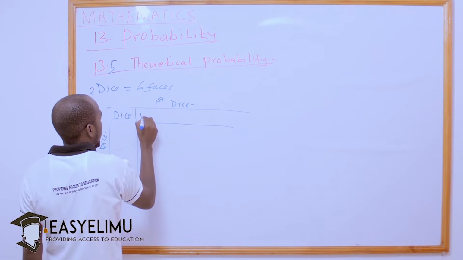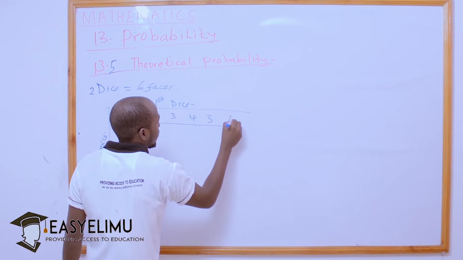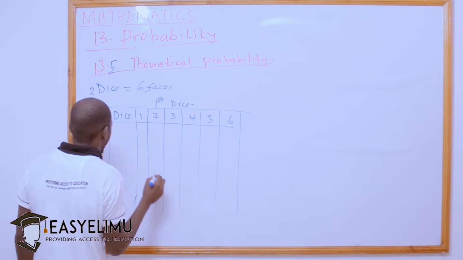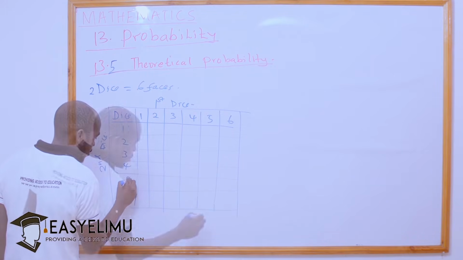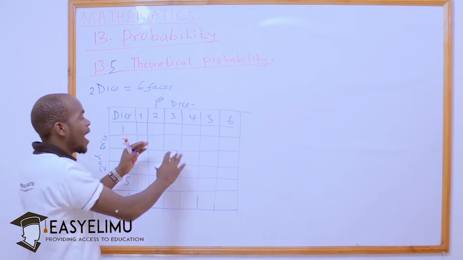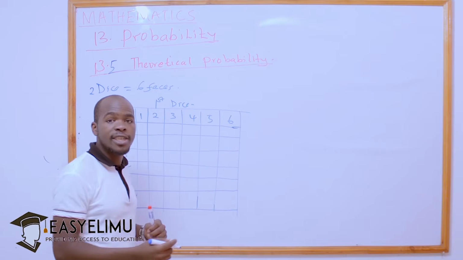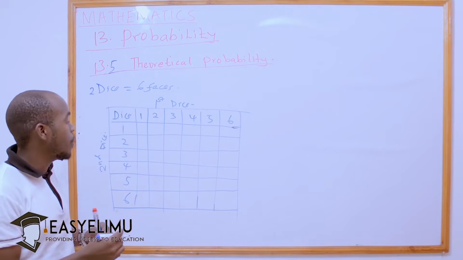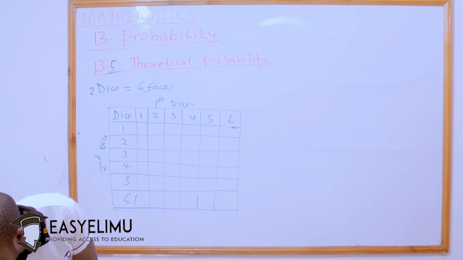So this one is numbered 1, 2, 3, 4, 5, and 6, and the other one is 1, 2, 3, and so on. That is what we shall obtain. Whatever I haven't filled in here is what we refer to as our probability space, or possibility space, or sample space. So we need to fill it out and find out what we shall be obtaining in that sample space.